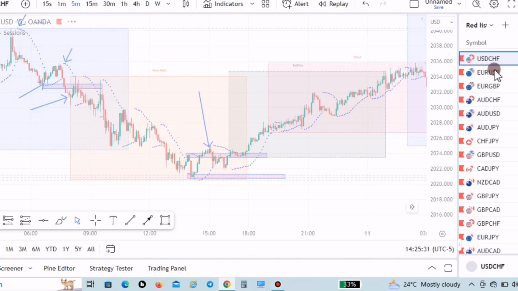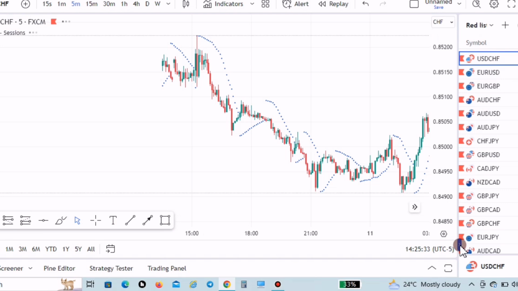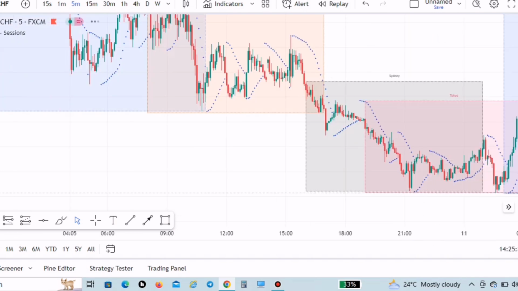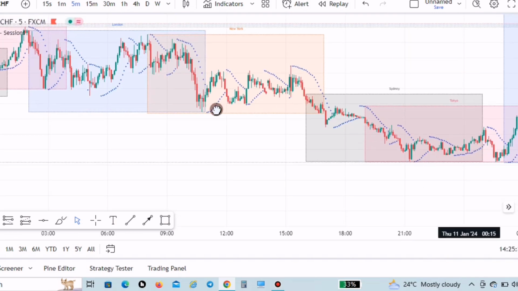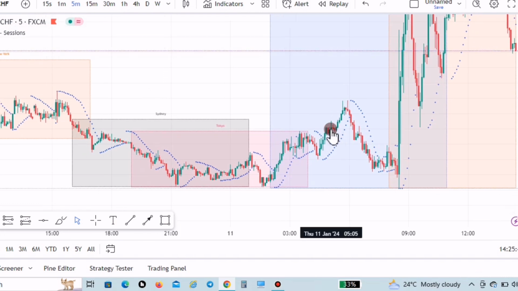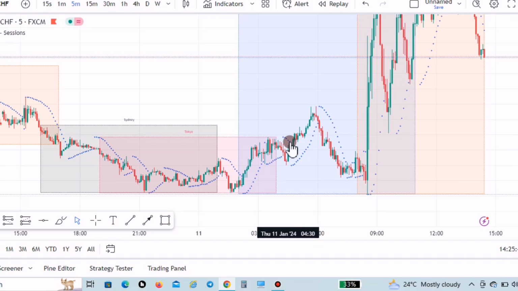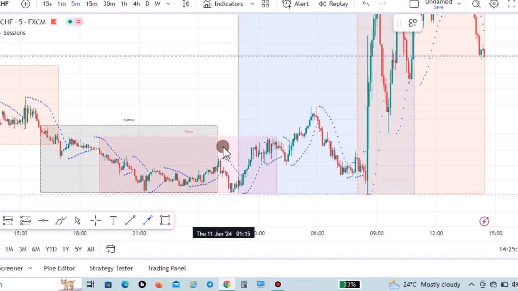You open your chart. After opening your chart, remember, for me, I usually start on the London session. So on this particular day, this was today, when the London session opened, you would focus on this parabolic.